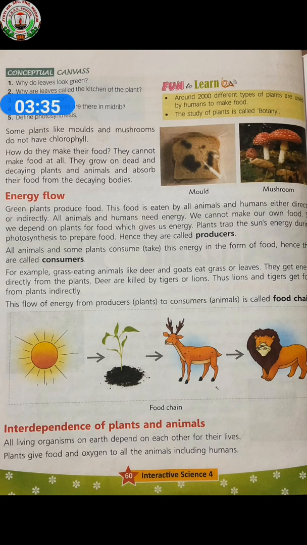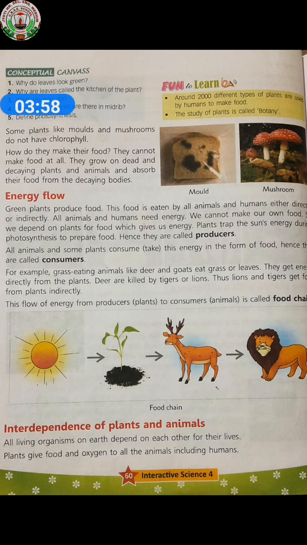Plants trap the sun's energy during photosynthesis. Without the energy of the sun, plants do not make food. So the plants trap the sun's energy during photosynthesis to prepare food. Hence they are called producers, because they get light from the sun.